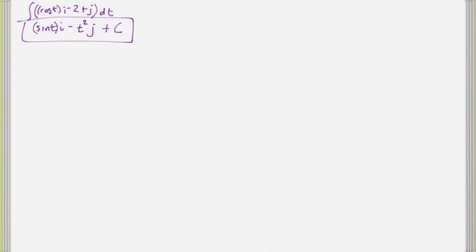If we wanted to do this same problem over an interval of, let's say, 0 to pi, we would integrate component-wise. But we don't need a plus c. And then plug in upper, minus all of, be careful that we're going to subtract all of, plug in lower.